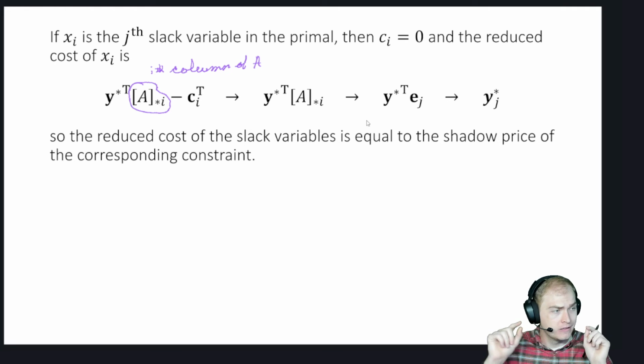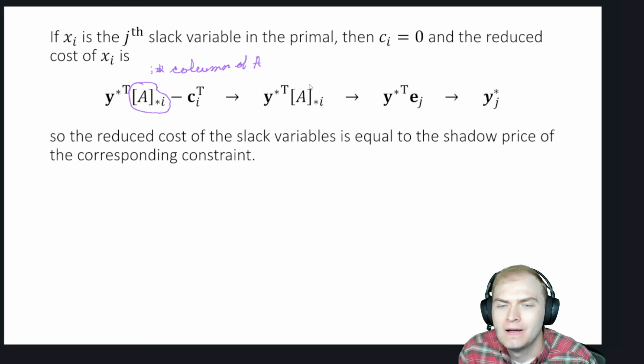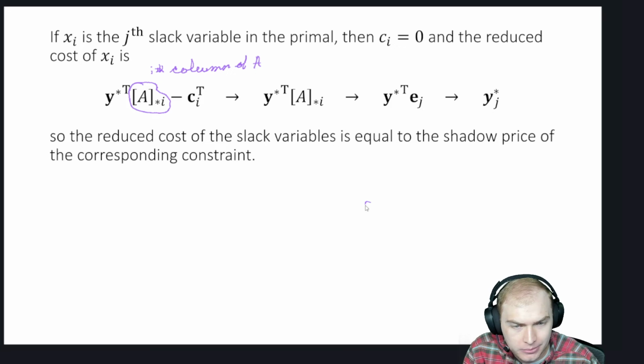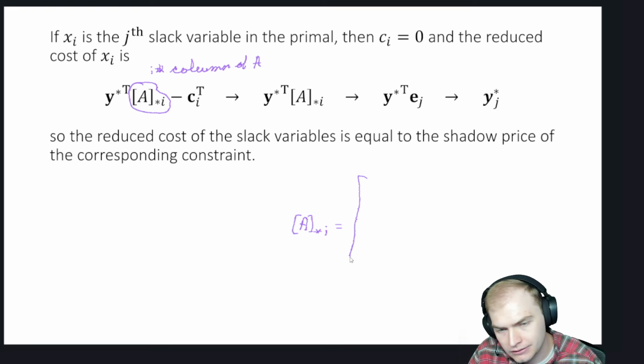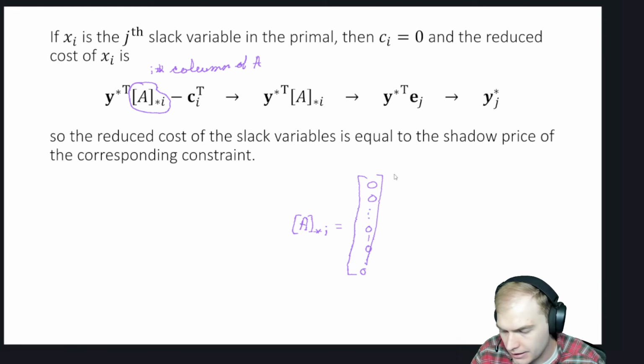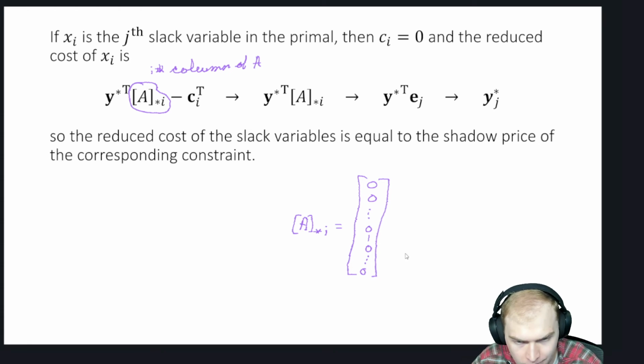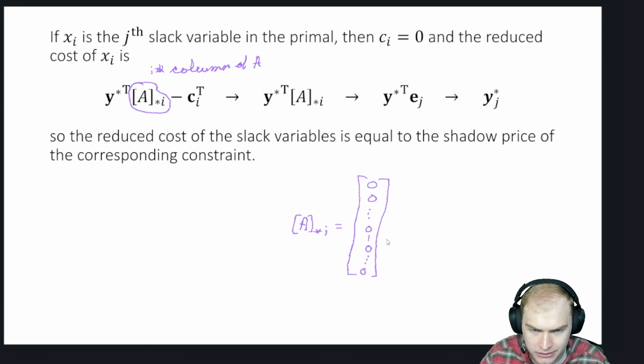because remember, A is the original A matrix to the original problem. The ith column is a slack variable, so A_i, or to keep the notation straight, A_i is an elementary vector, which you may remember. It has zeros everywhere except for the jth entry.